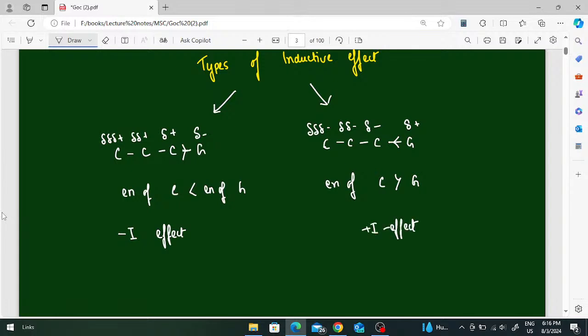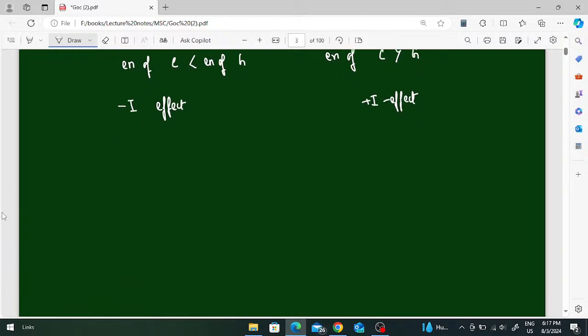Minus I effect is when you have movement of electrons away from the carbon, and plus I effect is when there is movement towards the carbon.